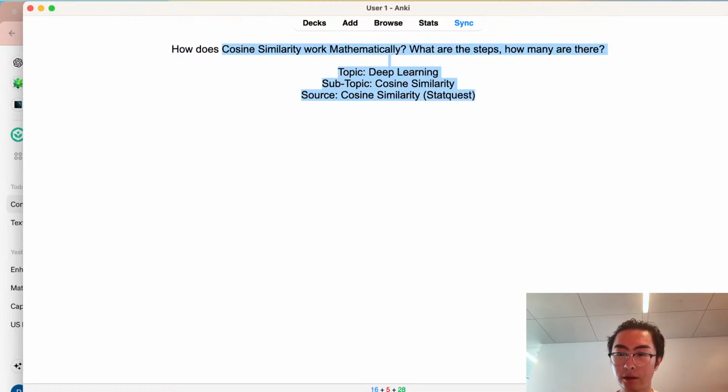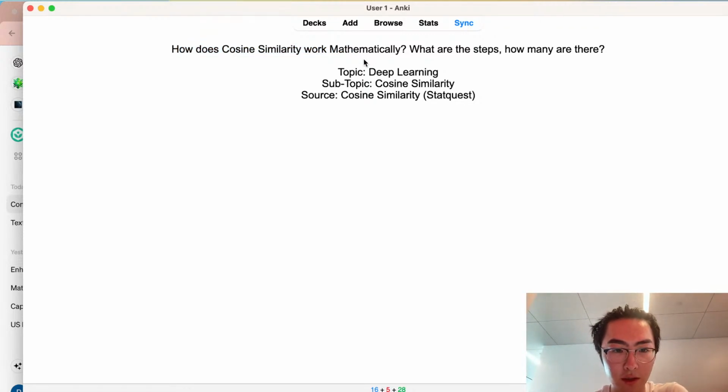How does cosine similarity work? Okay, so cosine similarity mathematically is just a measure of how similar two variables are.